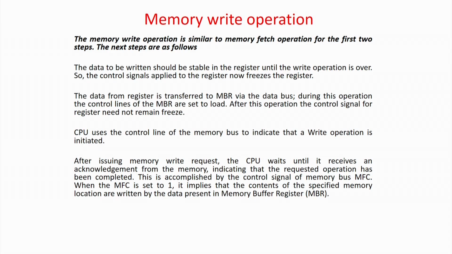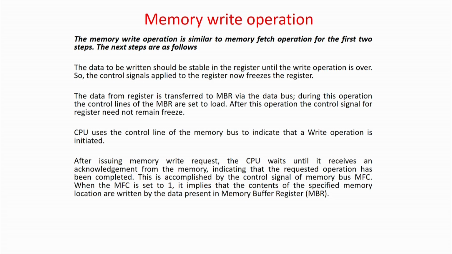Similarly, the memory write register is also very similar, but in this case you have to give a write command. First you have to give the memory location value, then you give the write, and then you have to again wait till the memory function is complete. That means the memory says that it has been able to successfully read the value from the memory buffer register. So what are the steps?